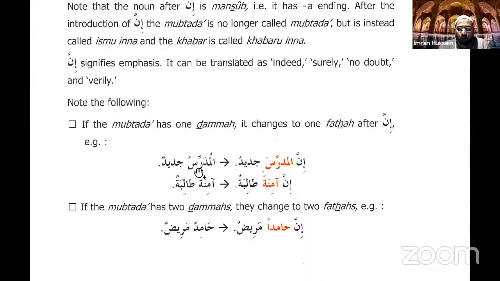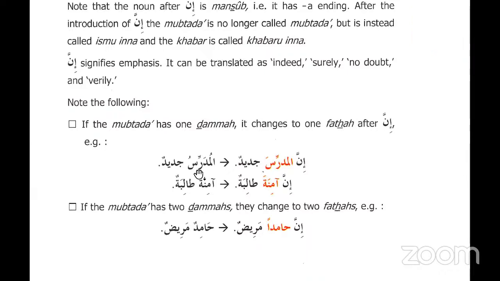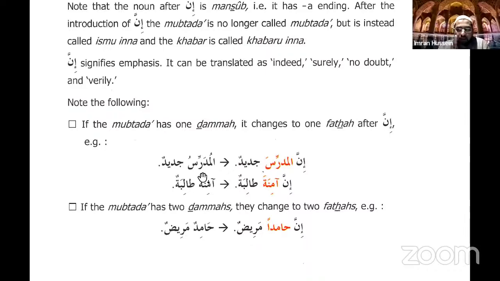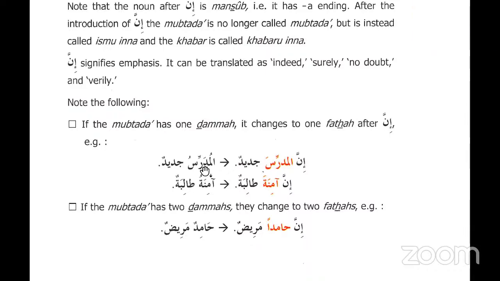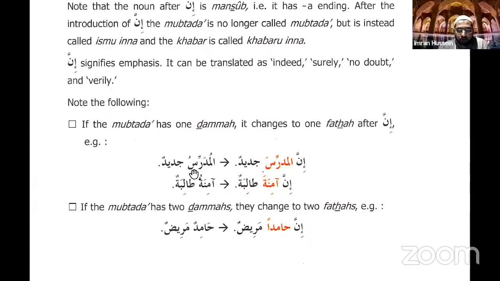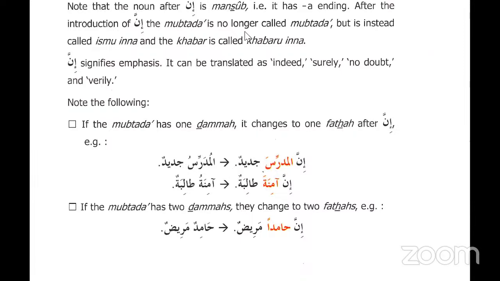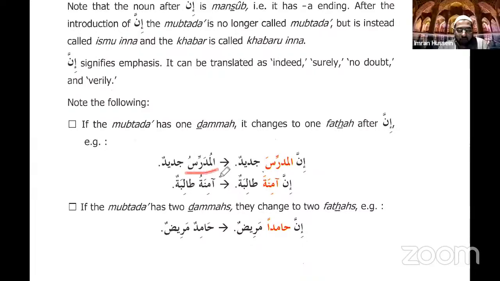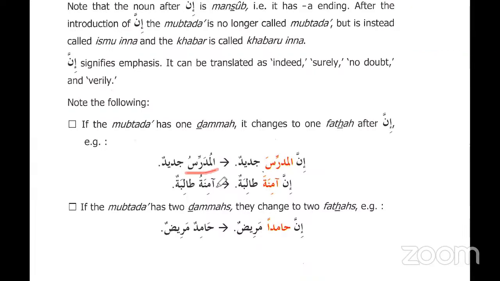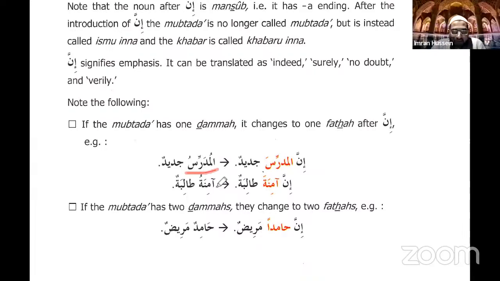Why is it al-mudarrasu? Why can we not say al-mudarrasun? Because over here this is the mubtada, and the mubtada takes the dhamma. Why does it have one dhamma? Because of the alif and the lam, the definite article.